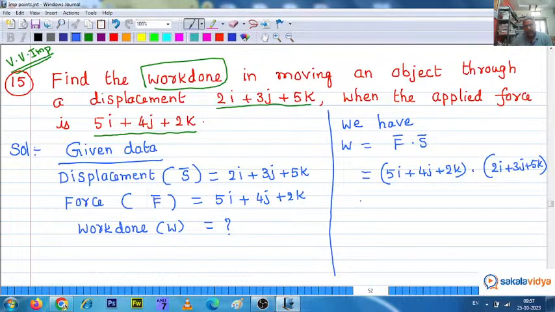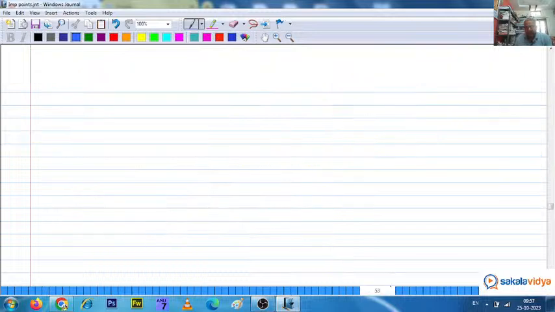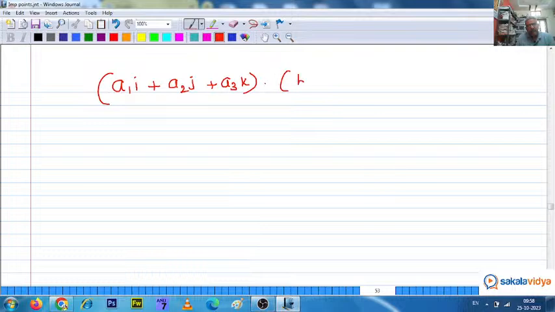Clear. So, my dear students, once again I will go back to the previous page. Suppose you want to find A1 i plus A2 j plus A3 k dot product with B1 i plus B2 j plus B3 k, then how do you find it? I already discussed, very simple, i dot i is 1.